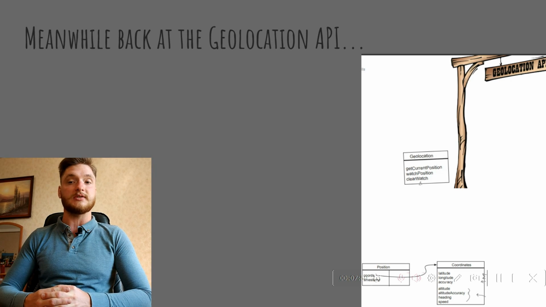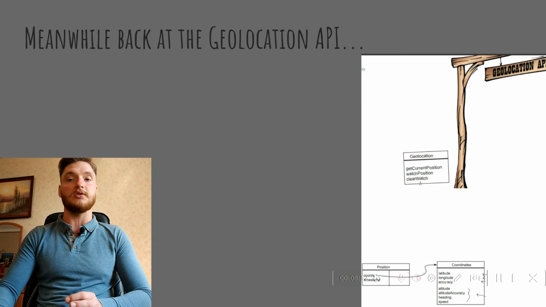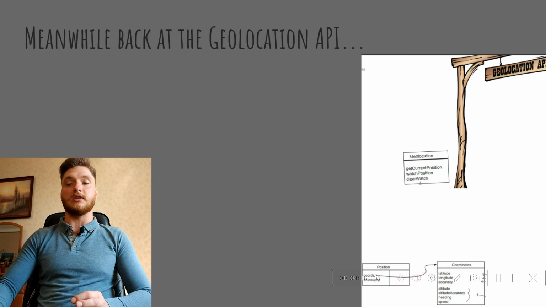Before getting to these two new methods, let's take another look at getCurrentPosition and at some related objects like the position and coordinates objects. You're going to find a few new things here that you didn't know about. The methods there are part of the Geolocation API.